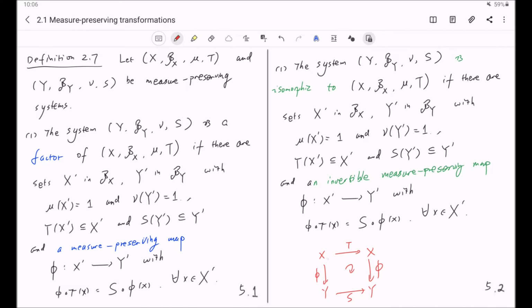So to be rigorous, I have to put primes here, X' and Y'. But usually it is understood that in measure theory we are only concerned with properties that hold almost everywhere. So it will be okay for us to remove those primes, with the understanding that T, S and phi are not defined everywhere, but almost everywhere.